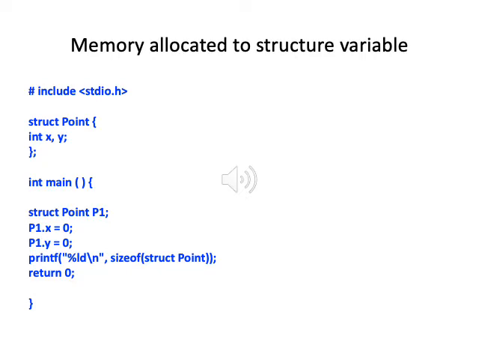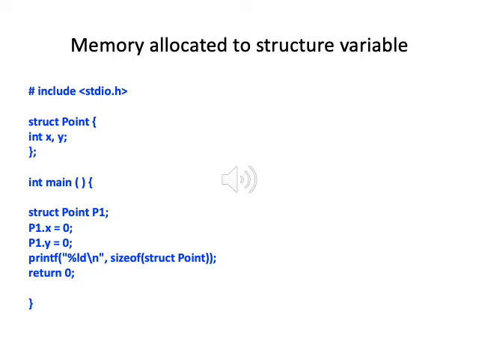Next, we use the sizeof operator, and the argument that this operator expects is that particular data type, like int or char or float or double. So here the data type is what? The structure name is a data type, so it is point.